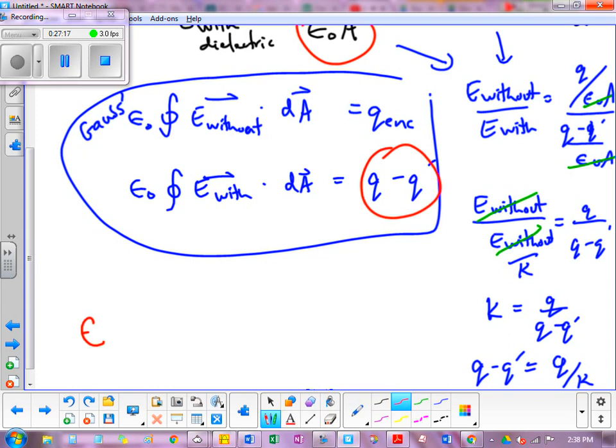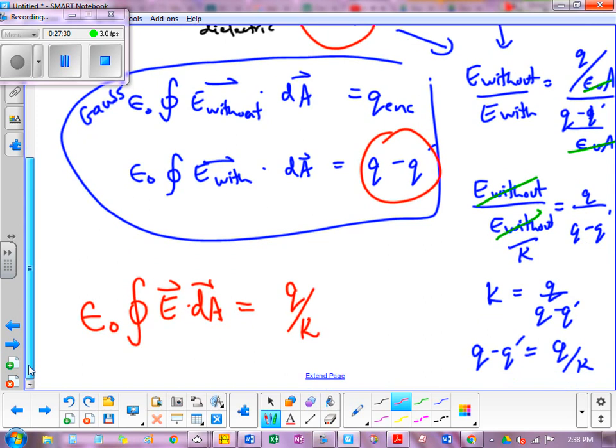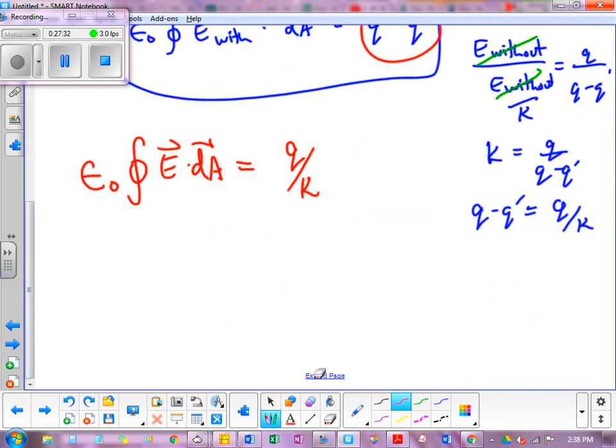Okay, so the new Gauss's law is epsilon naught closed integral of E dot dA, and this is E with a dielectric now, equals Q over kappa, or we could bring the kappa to the left side. And here's the question: should we put it outside the integral or inside the integral?